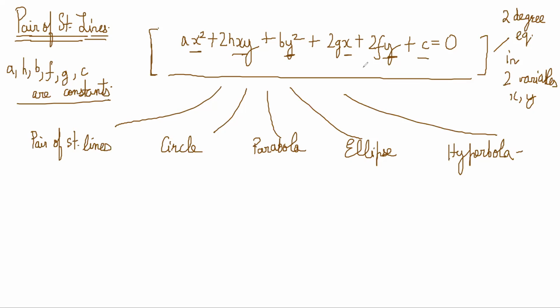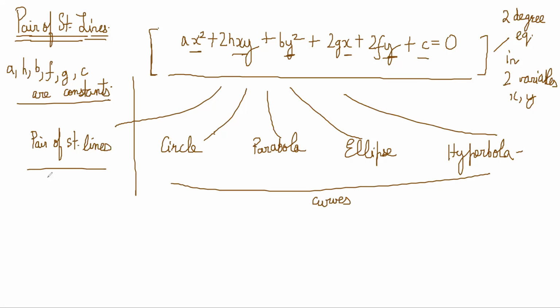So it's one equation which becomes each of these different types of curves in different situations. The major distinction is between this and this, because these are curves and these are lines. This is a line pair, right? So first what we need to learn is how to differentiate between them. When will this equation be a pair of straight lines and when will it be these other things?